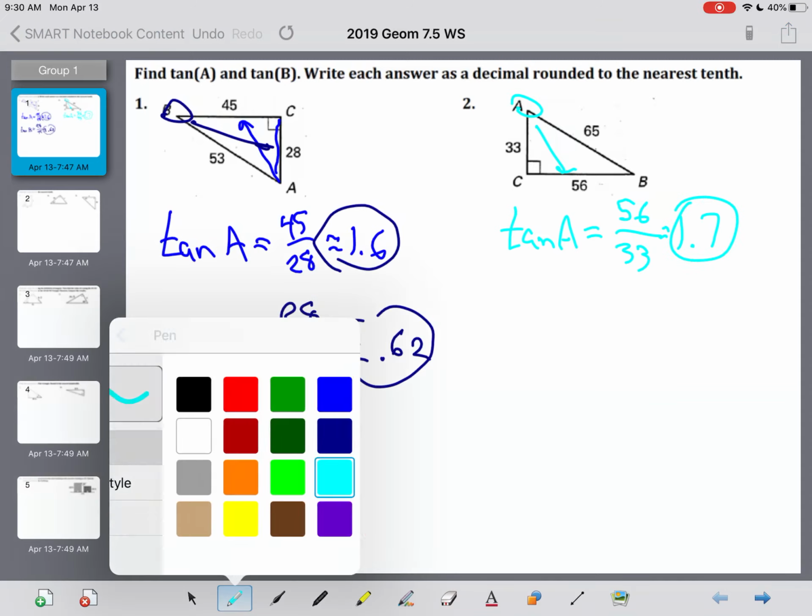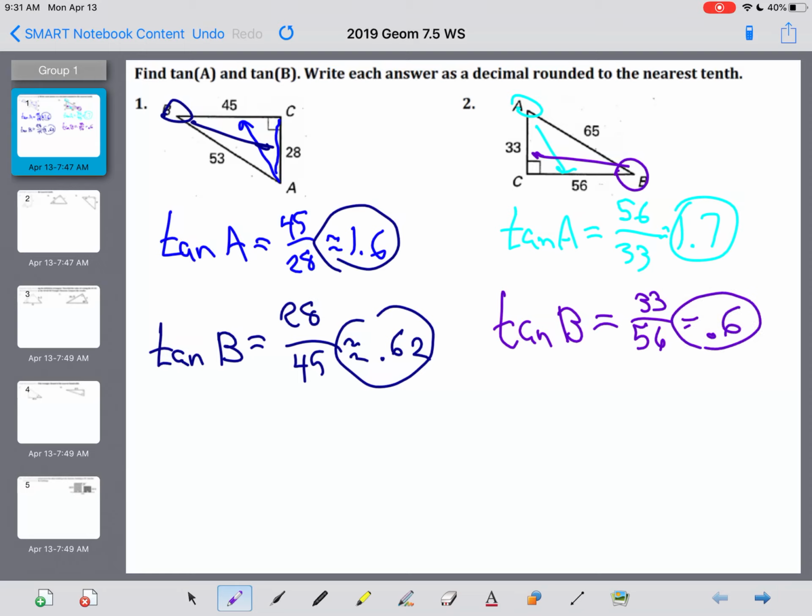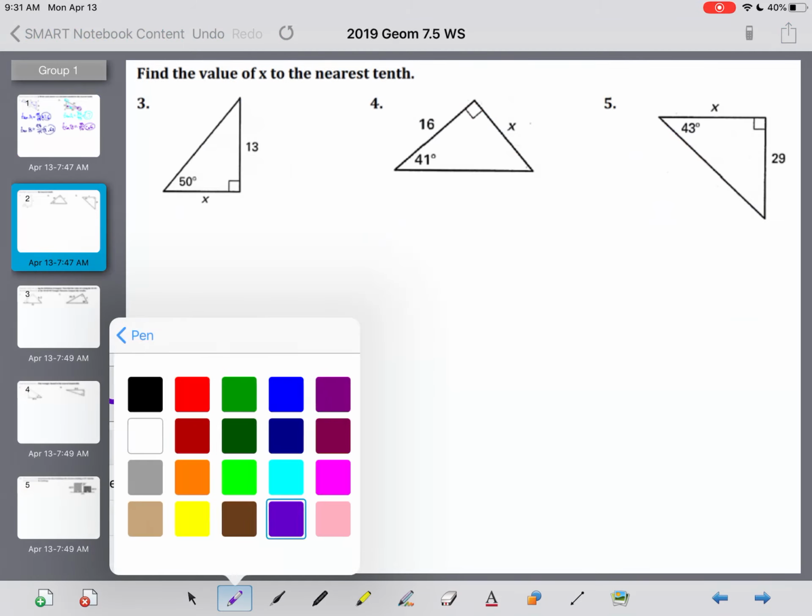And then finally, the tangent of B, right here, there's my opposite, 33 over 56. And that comes out to be equal to 0.6, approximately. Alrighty, moving on.